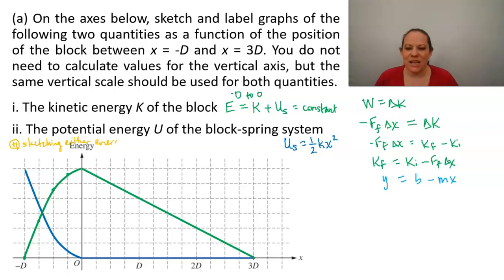So sketching either energy curve with a reasonably correct shape between x equals negative d and x equals 0, with 0 and the maximum value in the correct location.